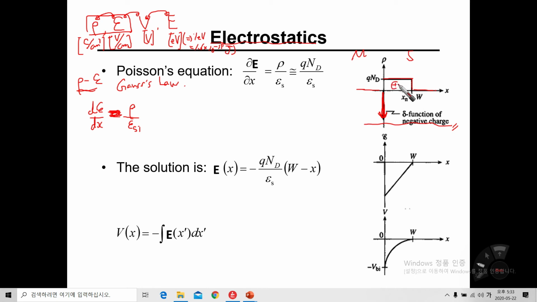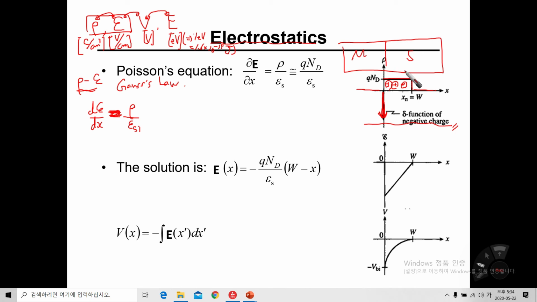If positive charges exist in the range from x of 0 to x of W, there are many positively charged particles. This MS contact should be neutral overall.